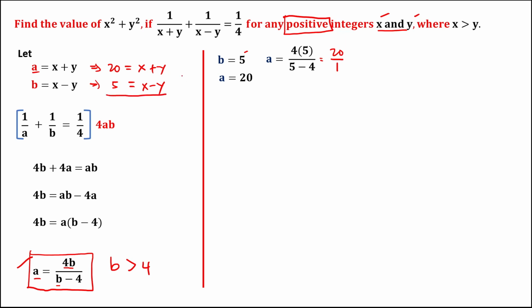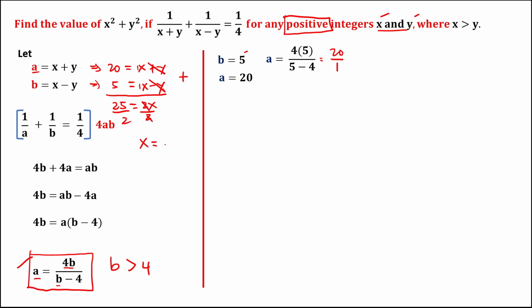Then if we add these two equations, we can eliminate the y, the positive y and the negative y. So this becomes 25 equals 1x plus 1x, that's 2x. Then divide both sides by 2 to solve for x.